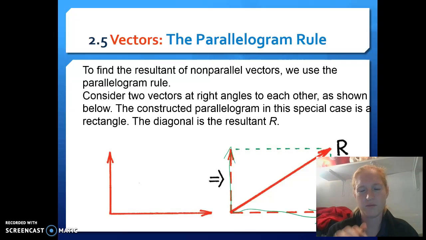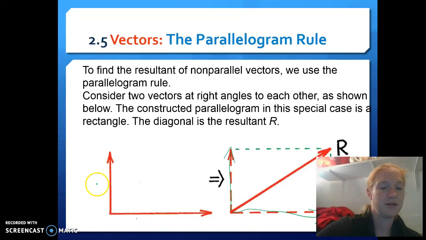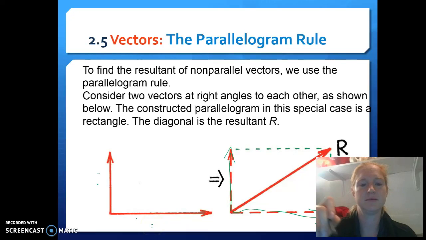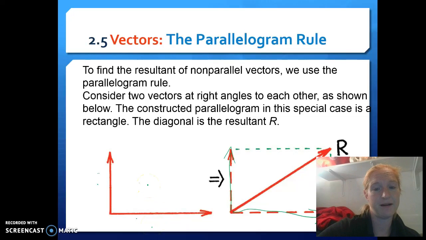When vectors are at right angles, you can use a special rule. They're not always going to be at right angles, but if they're not parallel, we can use the parallelogram rule, which says you have to use a special case of adding to determine the resultant. So the resultant is between the two.